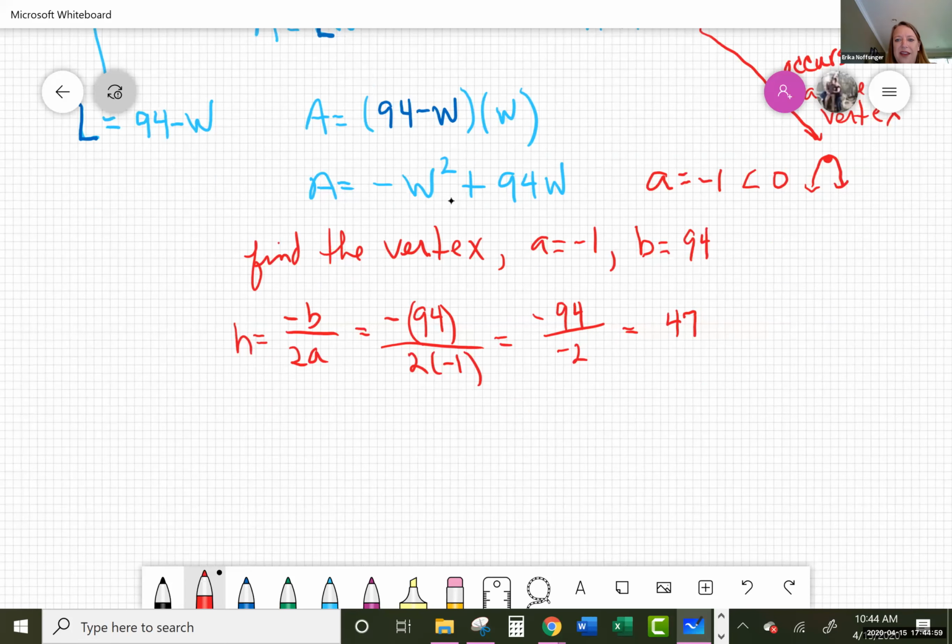In our case, we're not using X. So what variable is the 47 representing? Is that representing our length or our width? What do you think? What should we let be 47 feet?